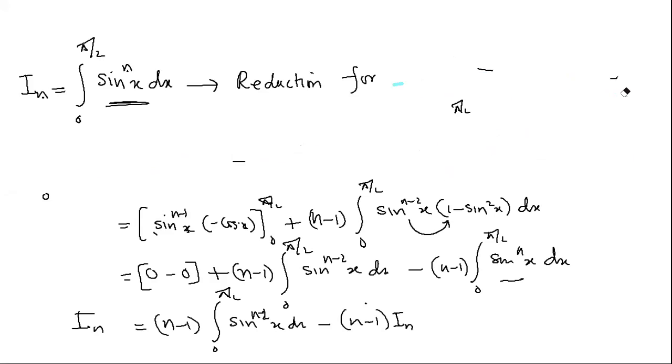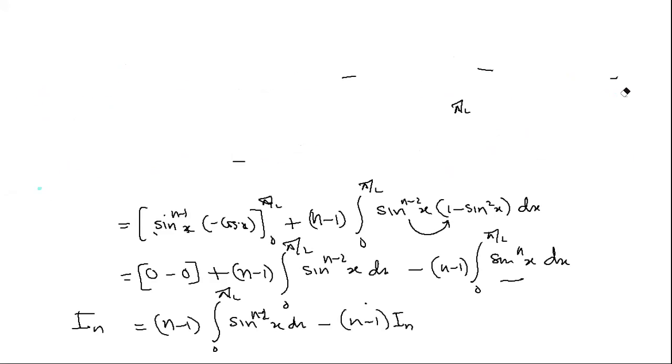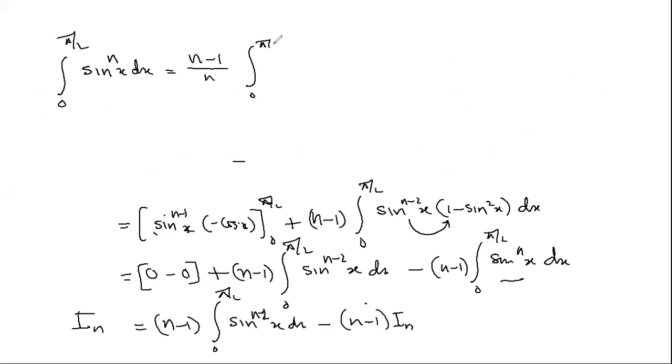Write the question as: prove that integral 0 to pi by 2 sine raised to n x dx is n minus 1 upon n integral 0 to pi by 2 sine raised to n minus 2 x dx.